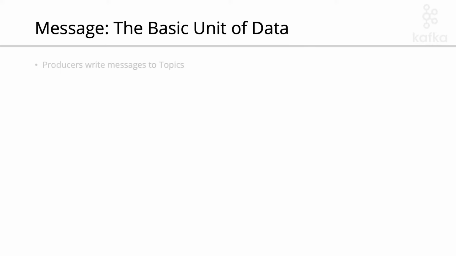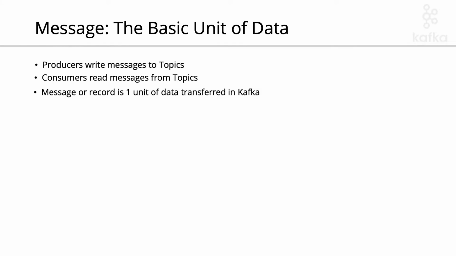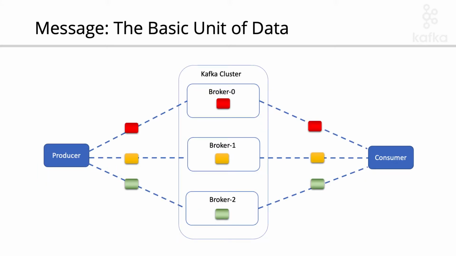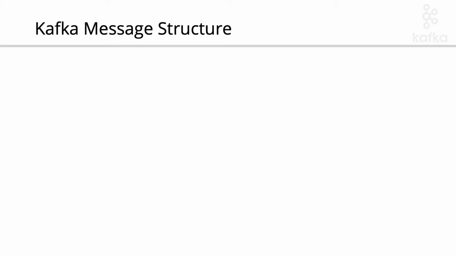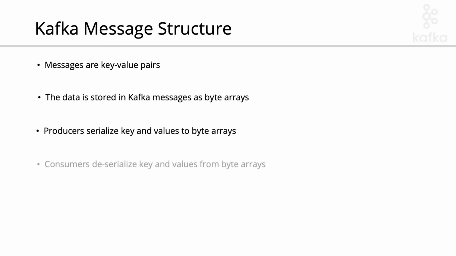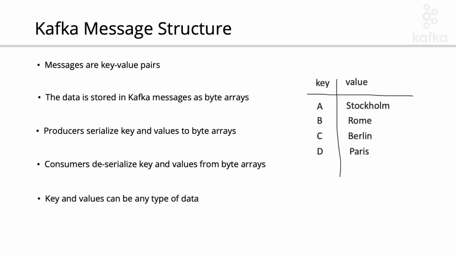Okay, so the Kafka brokers store the data that comes from the producers, and the basic unit of data transfer in Kafka is the message. The message is sometimes called a record, and it's basically one unit of data that the producers send, the brokers can store on disk, and the consumers read. So a message is fundamentally a key-value pair, and Kafka stores all the data as byte arrays. That means we need to serialize data to byte arrays when writing data into topics, and we need to deserialize data from byte arrays when we consume data from topics.